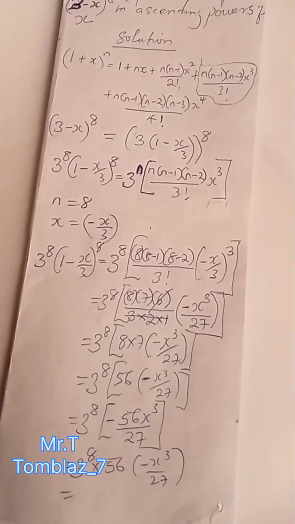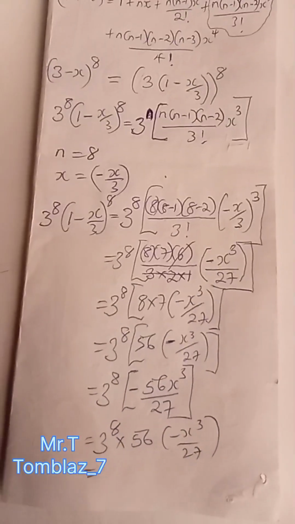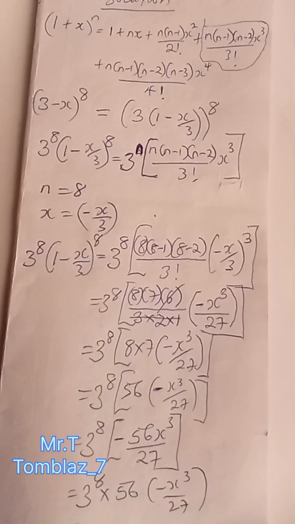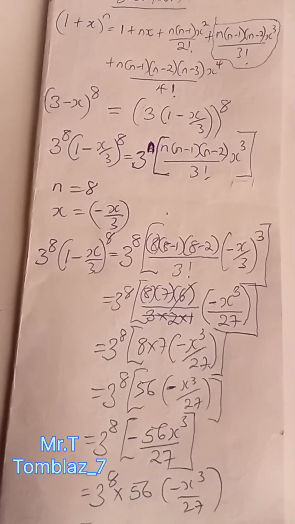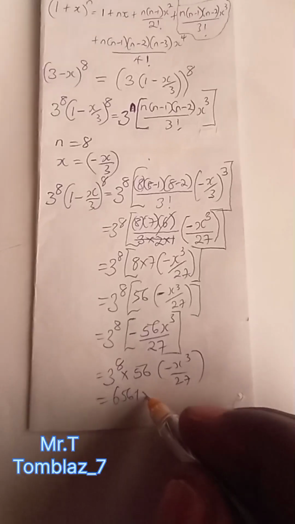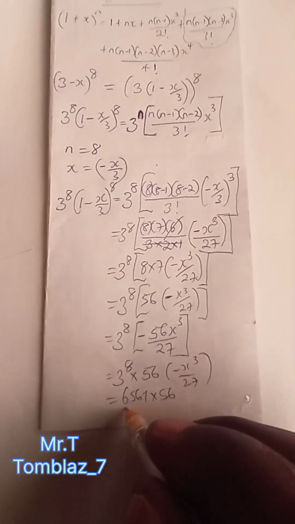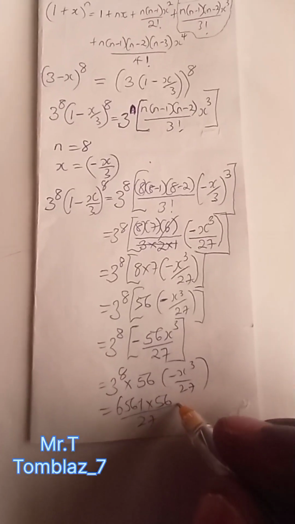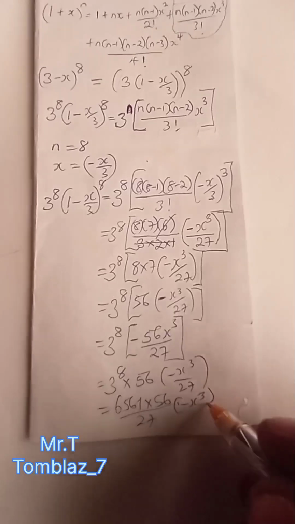So let's find the value of 3 raised to the power of 8. So we are having 6561. 6561 times 56 divided by 27 minus x raised to the power of 3.